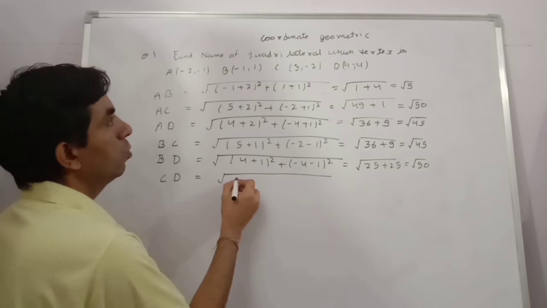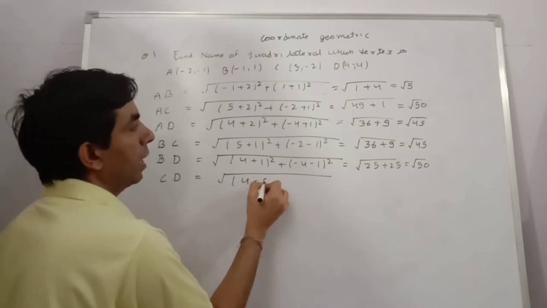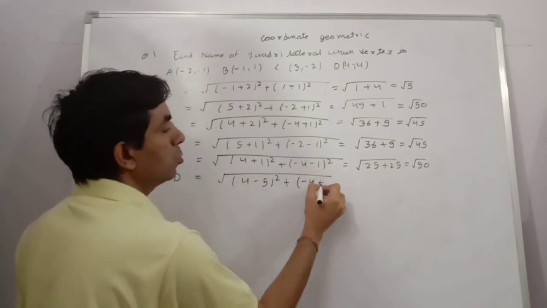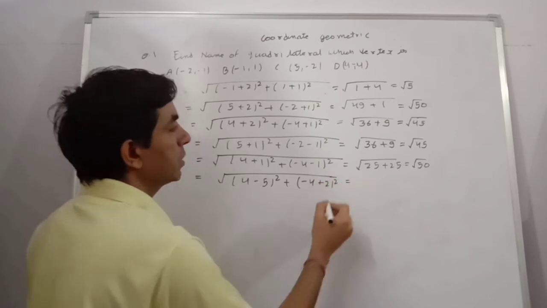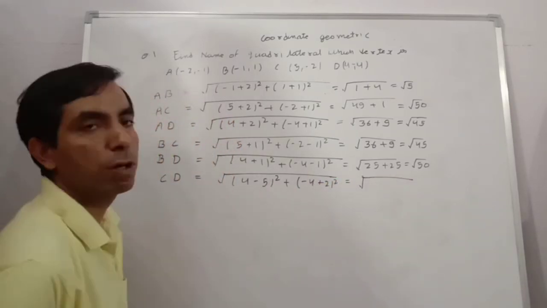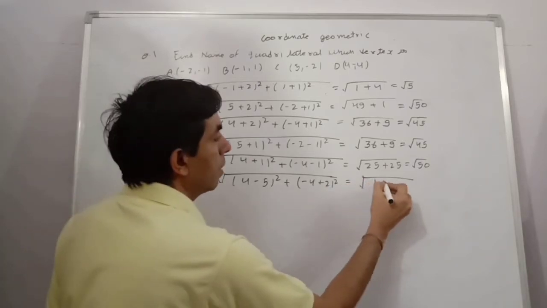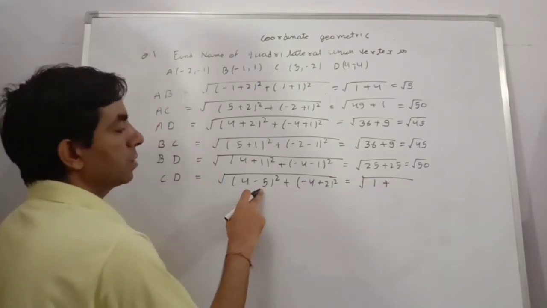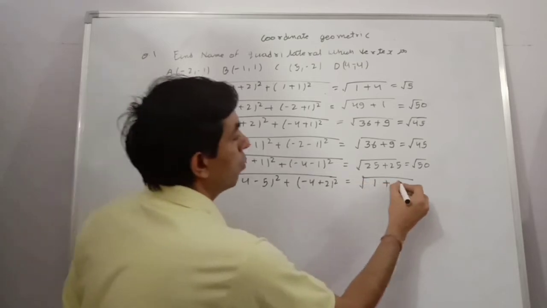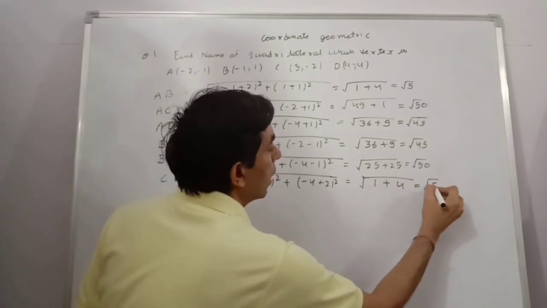CD is equal to root of (4 minus 5) whole square plus (minus 4 plus 2) whole square. 4 minus 5 is minus 1, square is 1, plus minus 4 plus 2 means minus 2, square is 4, which is equal to root 5.